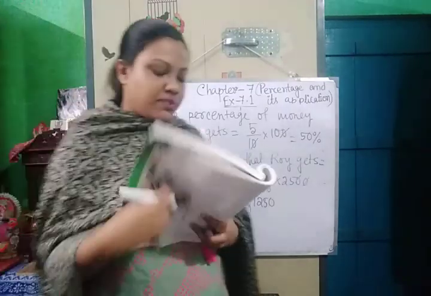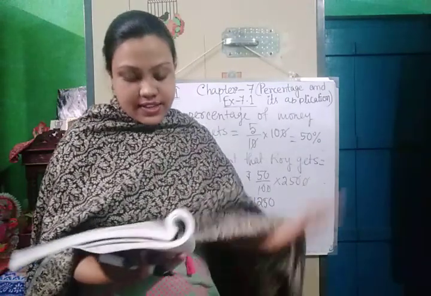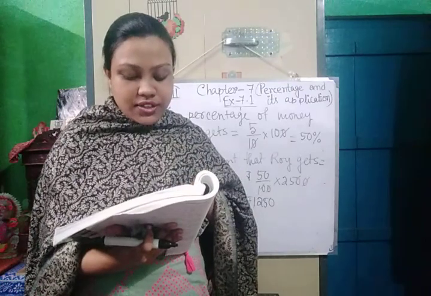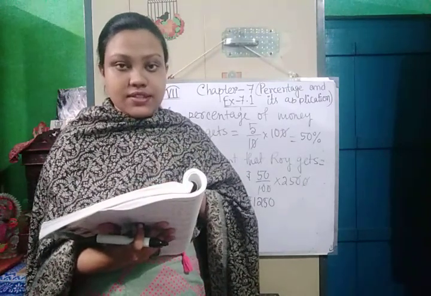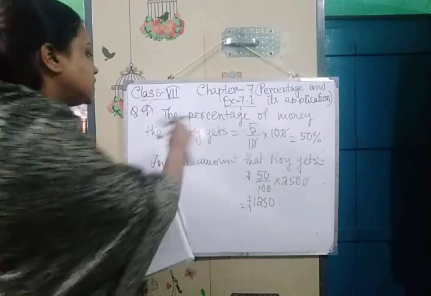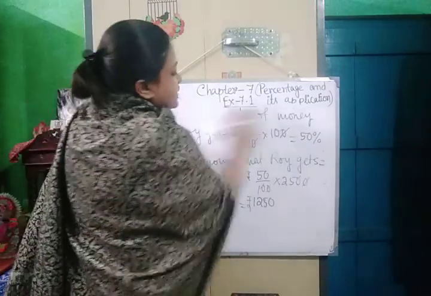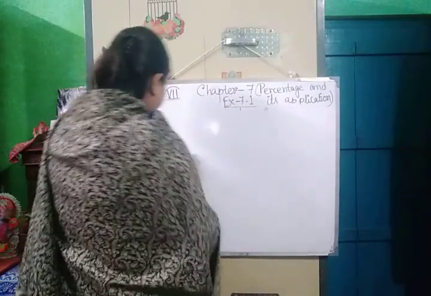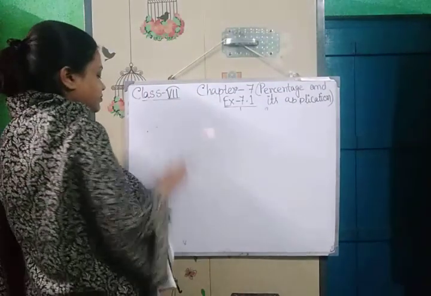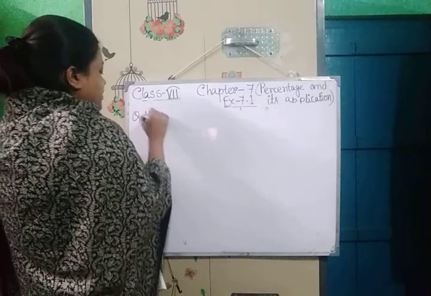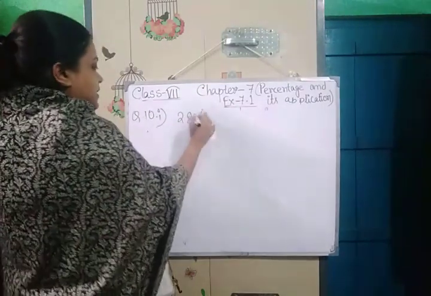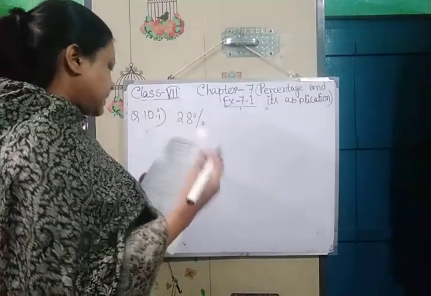So this type of word sums are there only in this exercise. Next, question number 10. Question number 10 is convert the following percentages to decimals. Very easy. You all know that is the easiest sum from this exercise. Question number 10, Roman 1 I am doing, 28%. So we have to convert this percentage to decimal.